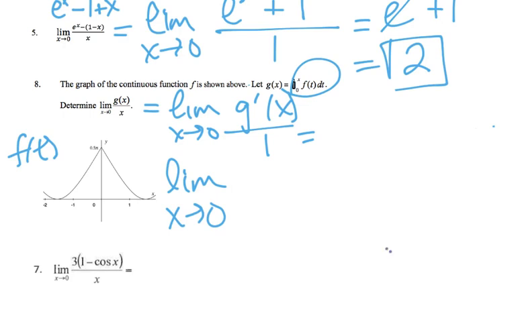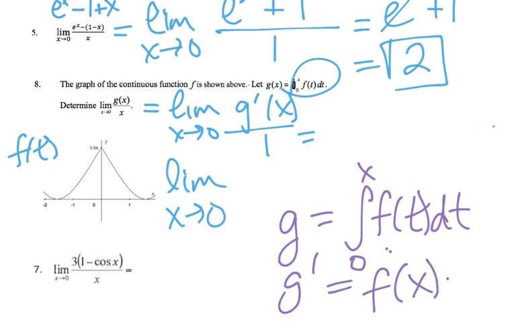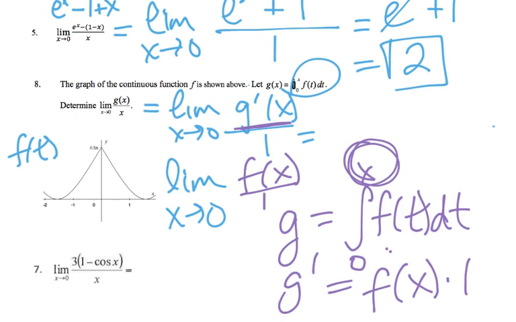If you have the integral from 0 to x of f of t, so this is g, the derivative is going to be f of x times the derivative of whatever this is. So this is just times 1 here. So instead of g prime of x, we can plug in f of x over 1.